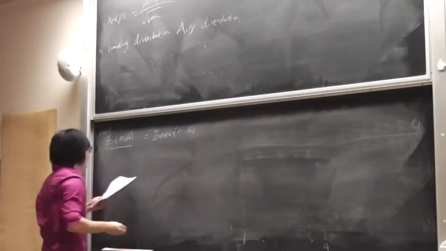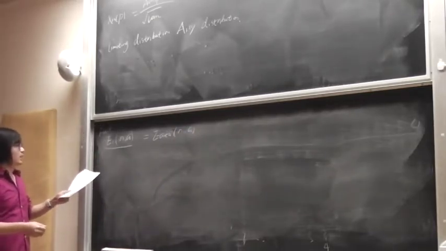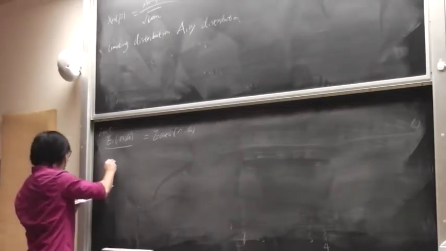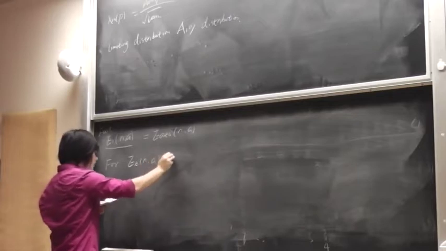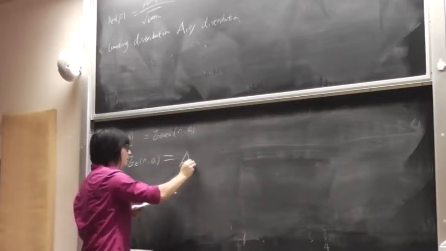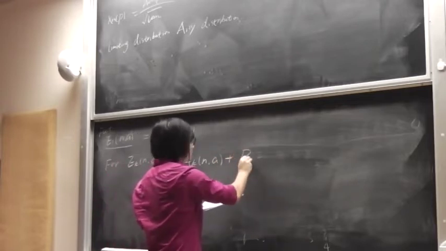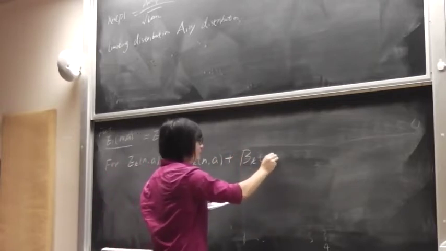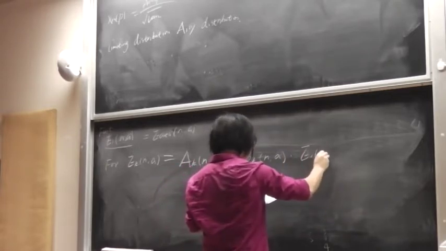For all higher moments, E_k(n,a) can be written as a polynomial of n,a plus another polynomial of n,a times E_1(n,a).